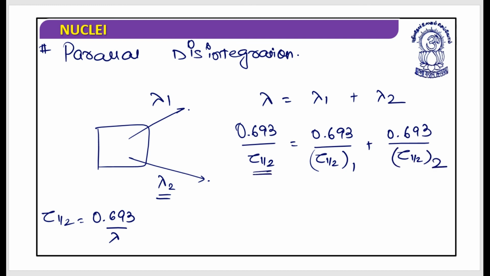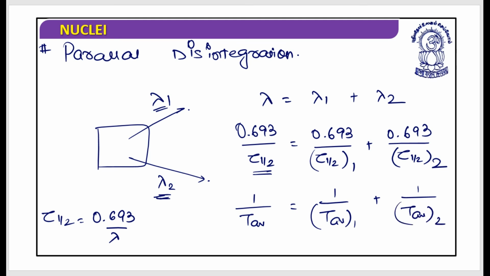So this is the tau half of the system, because these two elements decay simultaneously. Please note this part. We will use this in the next question.